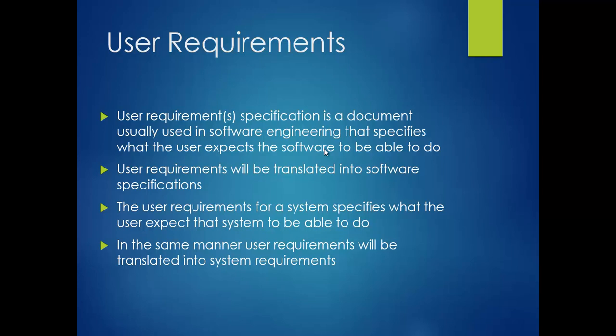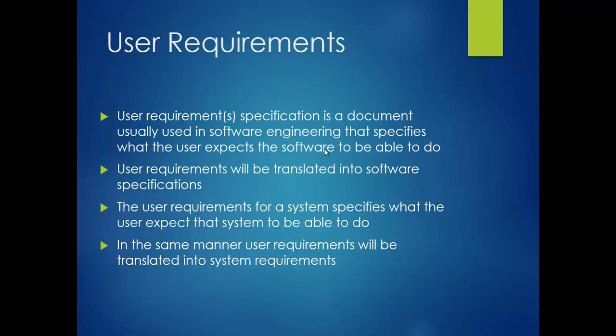User requirements will be translated into software specifications later on. We have different tools to do that, and to map user requirements to software specifications. The user requirements for a system specify what the user expects that system to be able to do.